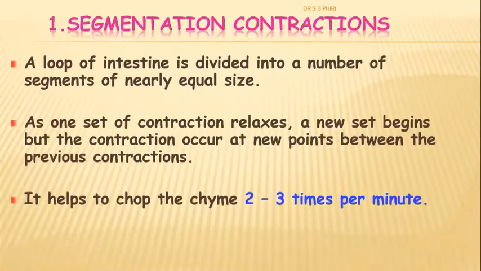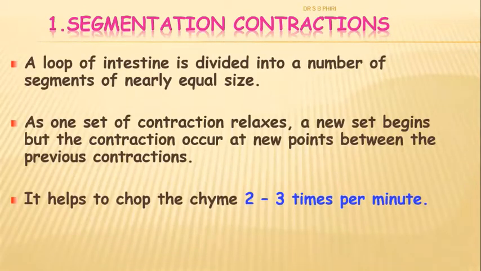Okay, so let's start by discussing segmentation contractions. A loop of intestine is divided into a number of segments of nearly equal size. In the large intestine they are called haustra or haustrations. Those segments can contract and relax to bring about segmentation contraction.